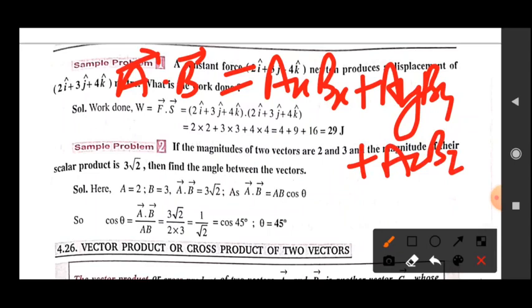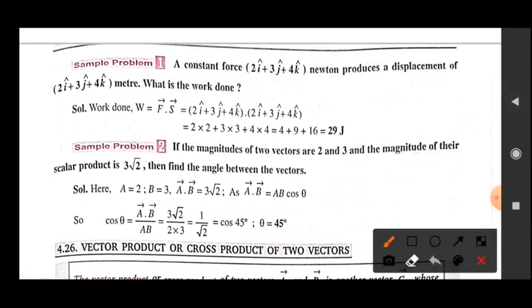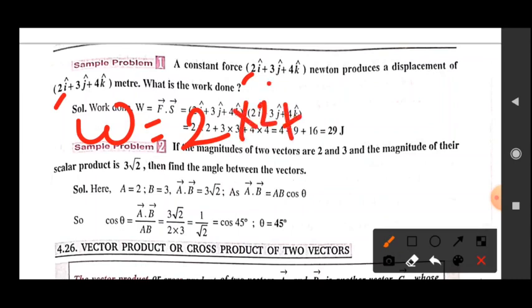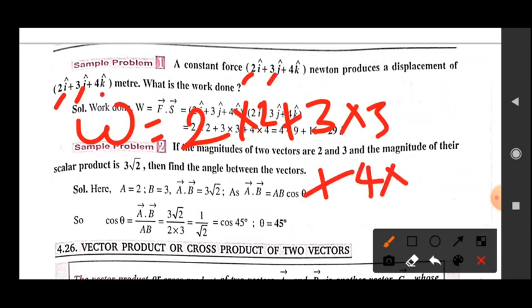So what is ax in our question? Here W is equal to, now ax means fx, fy and fz. So fx has the value 2, and similarly bx means sx has the value again 2. Then plus fy, so this is 3, multiplied with this 3, then again 4, multiplied with this 4.